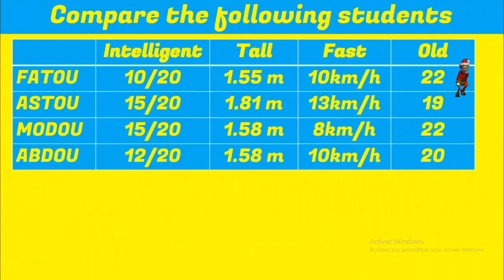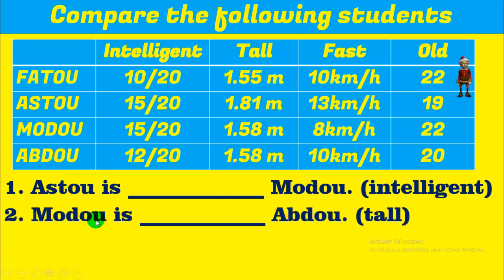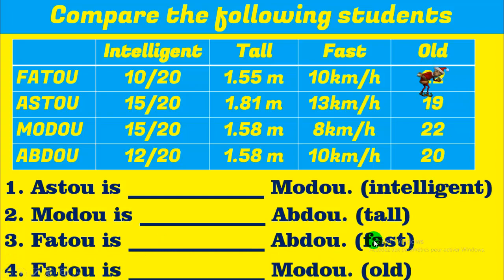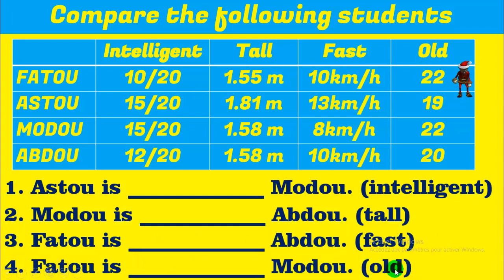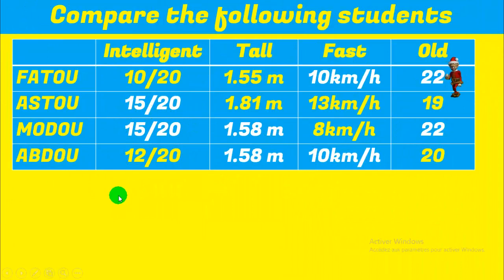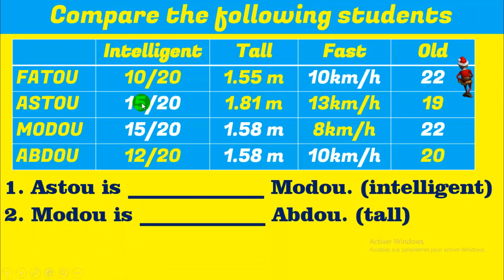Look at this following chart. Compare the following students. Astu and Mamadou, intelligence. Modu and Abdu, tall. Fatu and Abdu, fast. Fatu and Modu, old. So look at the table here. Astu 15 out of 20, Modu 15 out of 20.